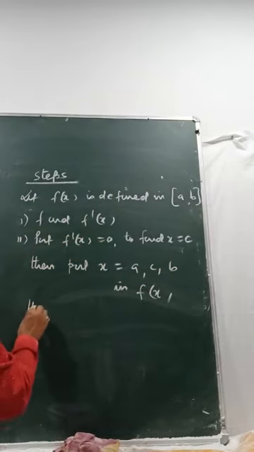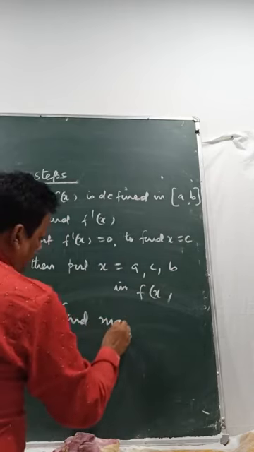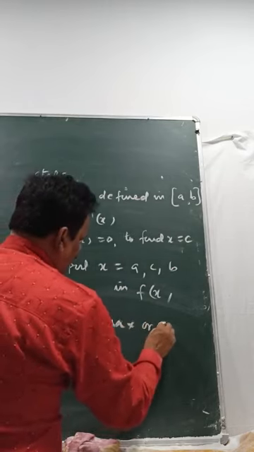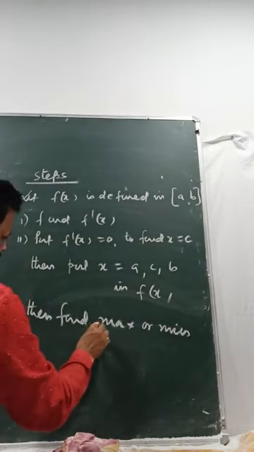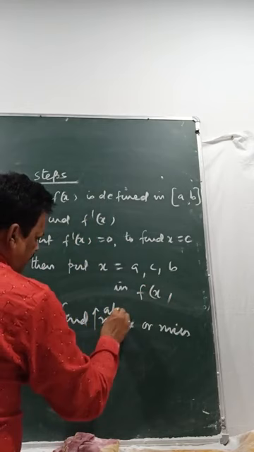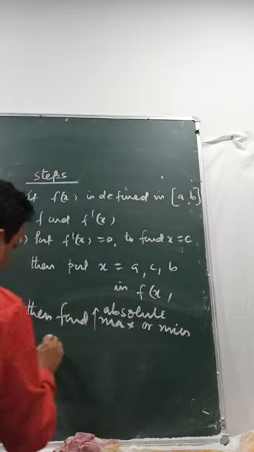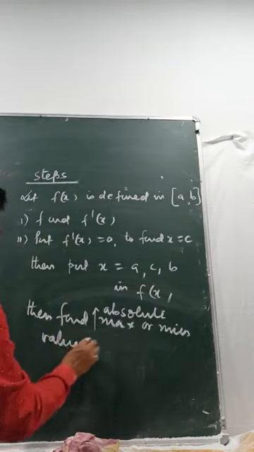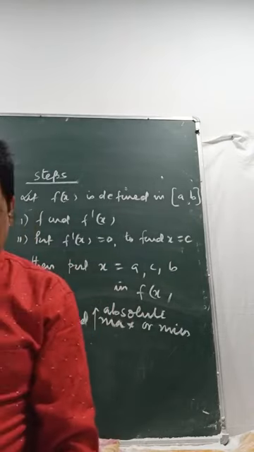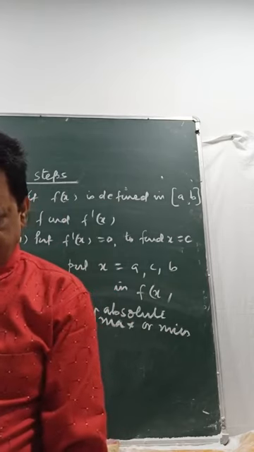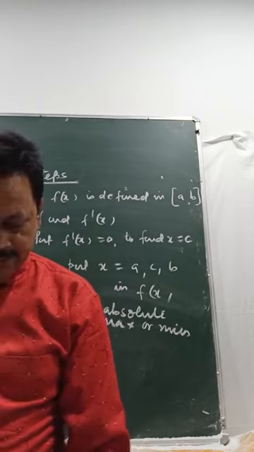Then find the absolute maximum or minimum value. Okay, let's take one example on this so we can find out whether it is maximum or minimum.